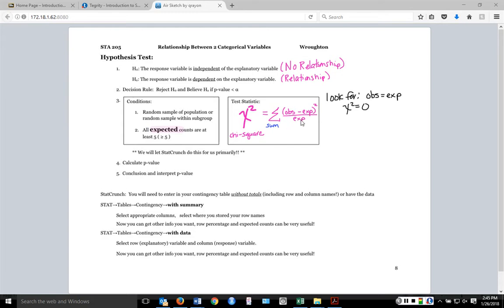Doesn't matter what I divide by, I still get 0. So if I get a chi-squared equal to 0, that is basically they're perfectly independent. There is definitely 0 relationship between them. The larger the chi-squared, the more evidence of a relationship.